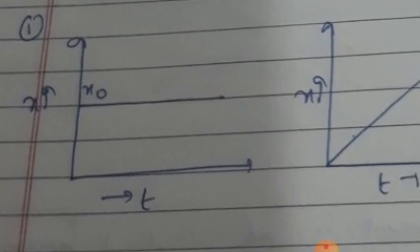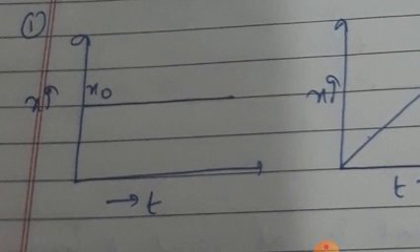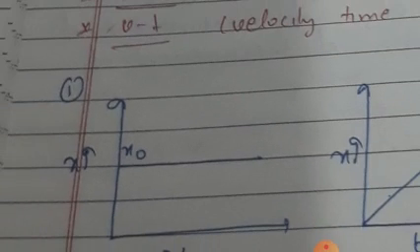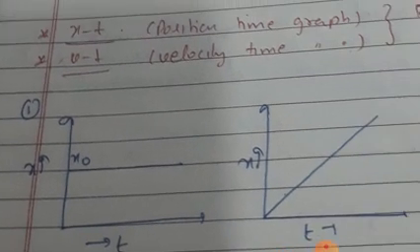So this represents the position-time graph of a stationary object, and this blue line indicates that the position of the object remains fixed, it does not change with time.